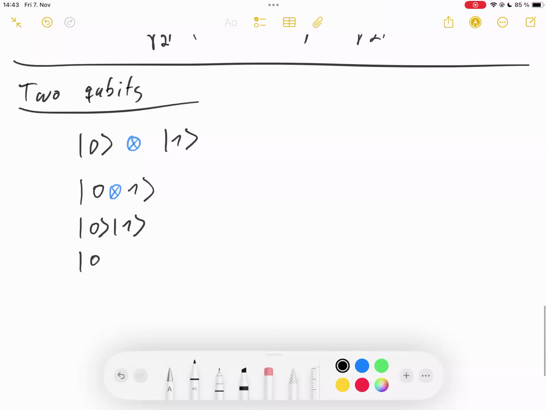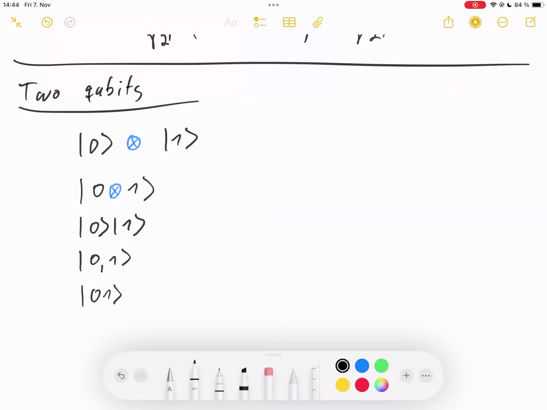Some people write a 0, comma 1 ket, or some people just write a 0, 1 ket. All of this means exactly the same. It means I have actually a composite system where the first system is in the 0 and the other system is in the 1. So the first qubit, the first system is a 0 and the other qubit is a 1.